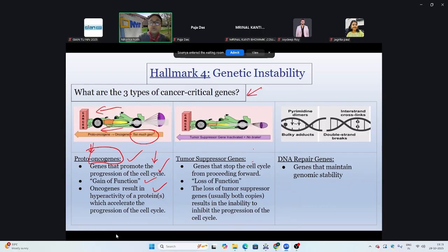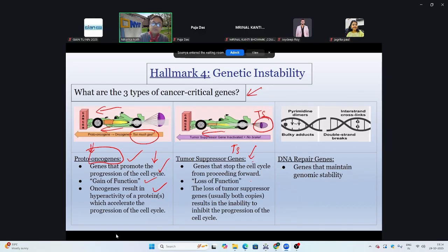The next one is tumor suppressor genes, TS, and that's your RB and P53. The example for this one is that the tumor suppressor is the brakes. It's the brakes, and if it just doesn't work, then the car does not stop and keeps going forward.